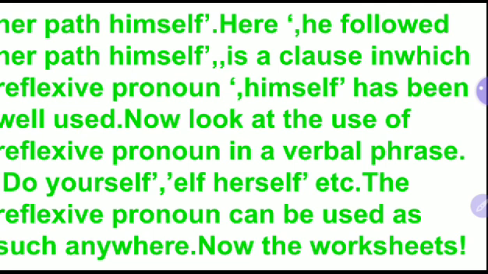He followed her path himself is a clause, and himself has been used for he. Himself has to refer back to he. Here you have to understand the function of himself.